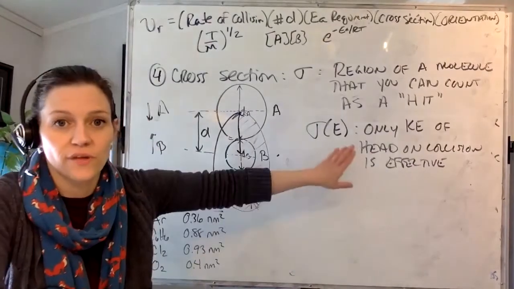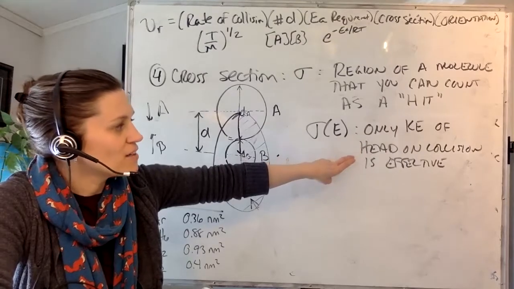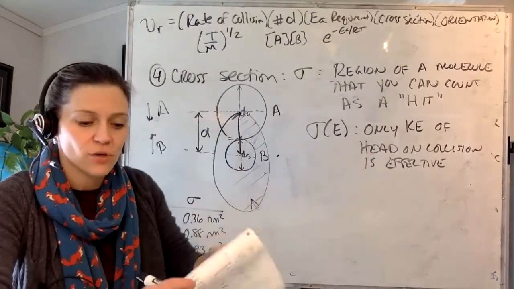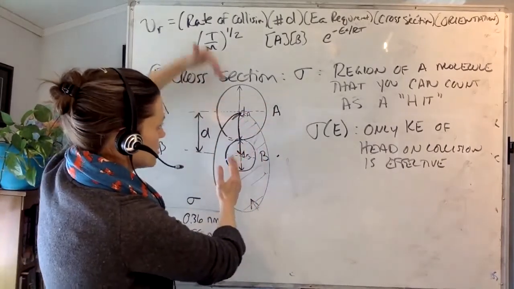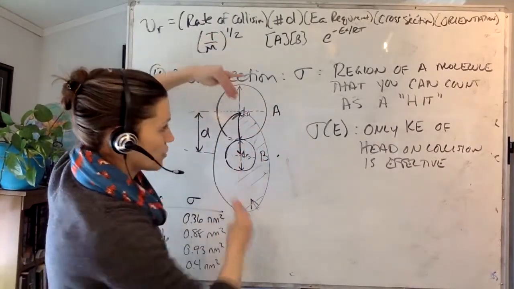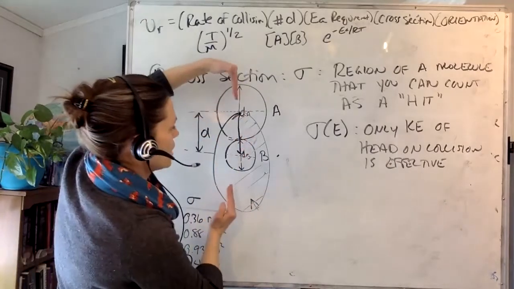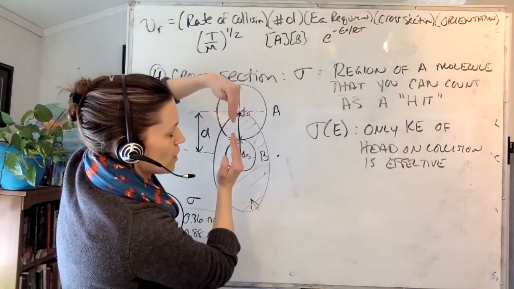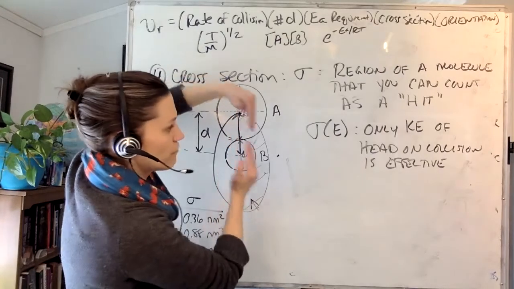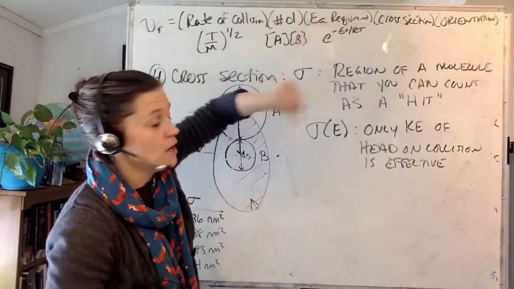Okay, so the energy dependence of the cross-section: only the kinetic energy of a head-on collision is effective. If you have a coordinate system such that A and B are coming directly at each other, and remember the kinetic energy has a velocity component which has a direction within it, then if they come in head-on, that is going to yield an effective collision if your EA is high enough, which is a separate component here.